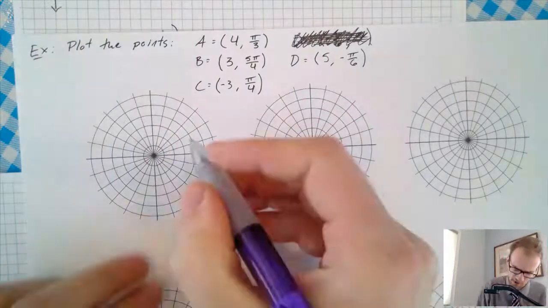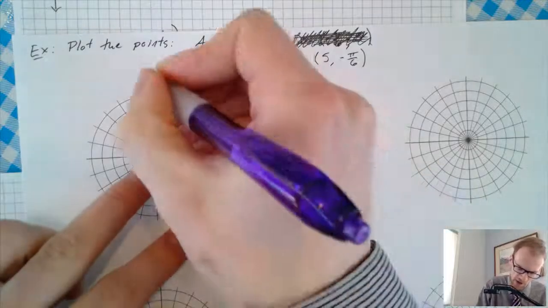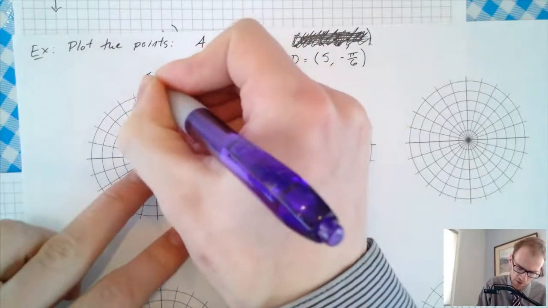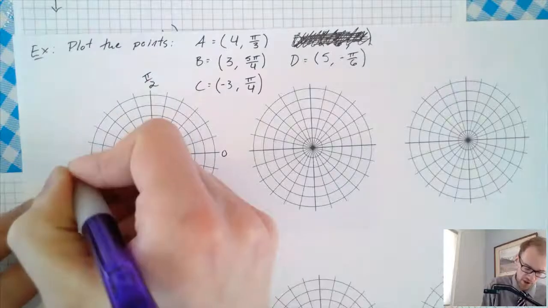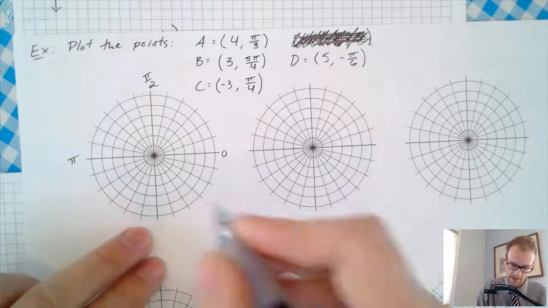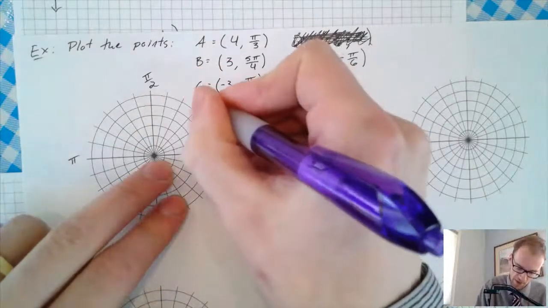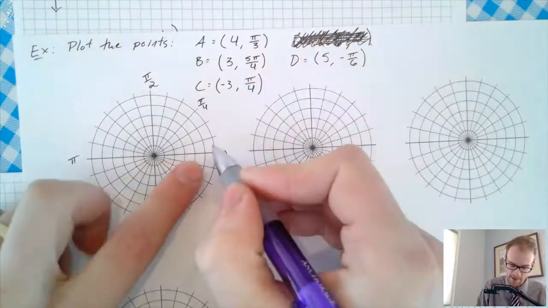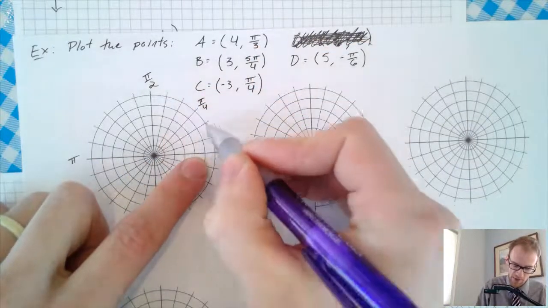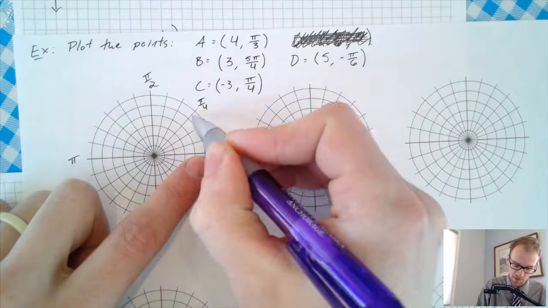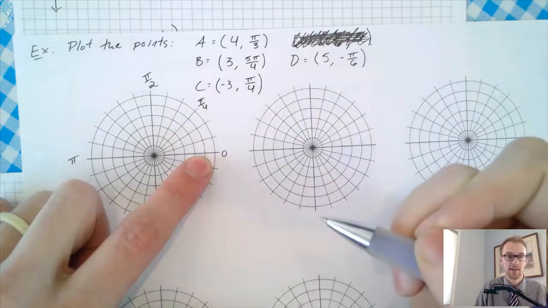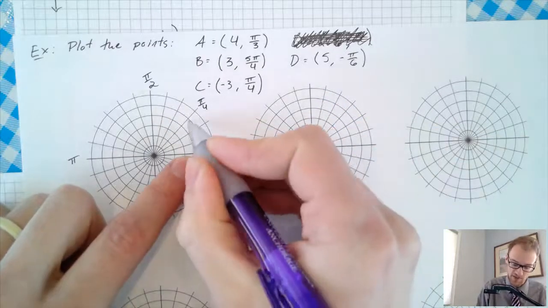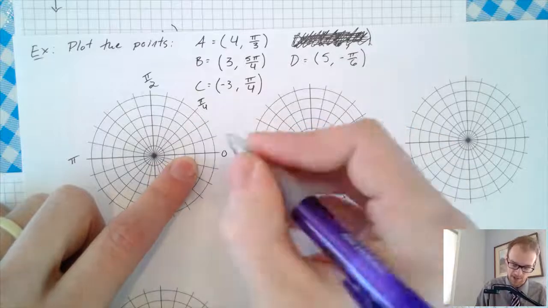Let's label some of those. I know this is 0. I know this is 90 or pi over 2. We'll label these in radians. I know over here I've got pi. I know that halfway to pi over 2 is going to be pi over 4. And it looks like my pi over 2 has been divided evenly into 1, 2, 3, 4, 5, 6 slots. So I know that each of these is 15 degrees, 90 divided by 6.